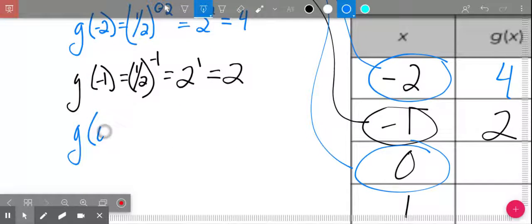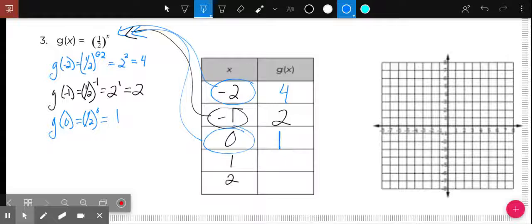So I'll have g of 0 equals 1/2 to the 0. And hopefully you're going to remember that anything to the 0th power is always going to be 1. If you didn't remember that, that's fine. We are going to keep practicing.